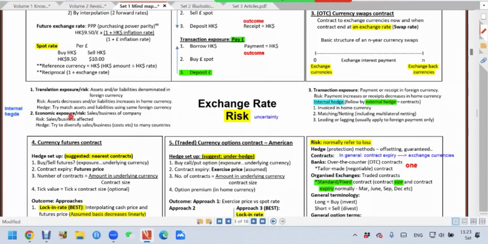Vietnam business will be affected, all company business affected. So that's called economic exposure or economic risk. Sales or business of a company affected. For the translation one, the multinational company will be affected. For economic exposure, it will affect every company.